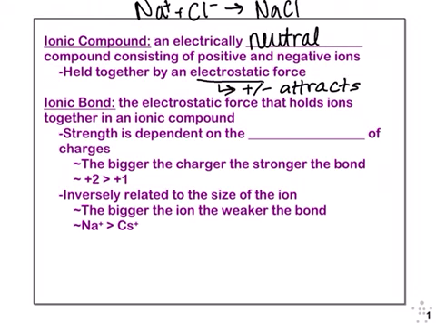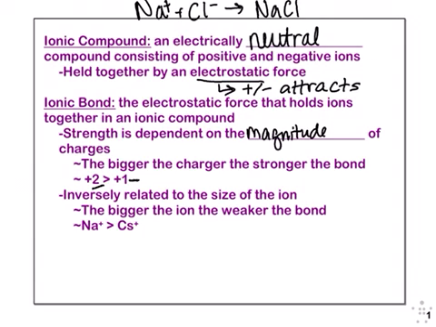So an ionic bond is the electrostatic force that holds ions together in an ionic compound. The strength of this bond is dependent on the magnitude of the charges. That means the bigger the charge is, the stronger the bond will be. So a cation that has a positive 2 magnitude will produce a stronger ionic bond than something that has only a positive 1 charge.